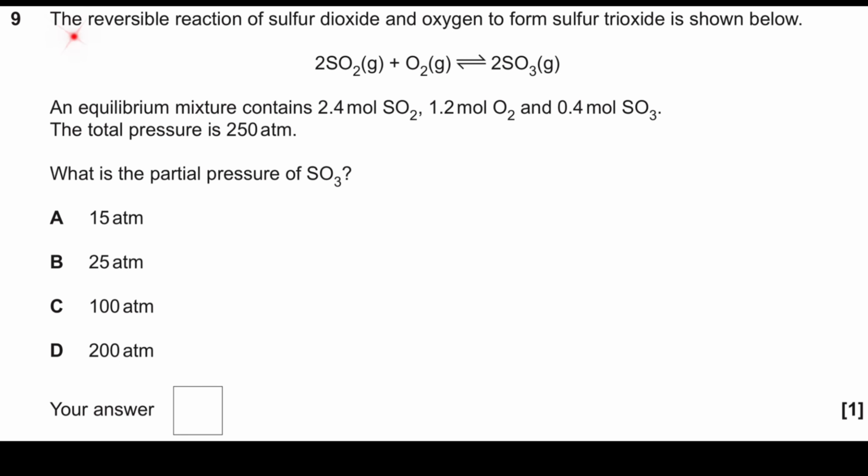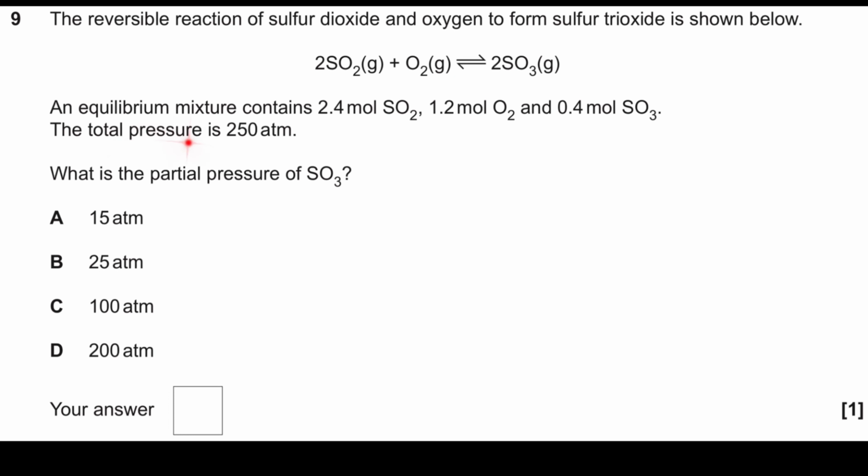Question 9. The reversible reaction of sulfur dioxide and oxygen gas to form sulfur trioxide is shown below. An equilibrium mixture contains 2.4 mole sulfur dioxide, 1.2 mole oxygen gas, and 0.4 mole of sulfur trioxide.